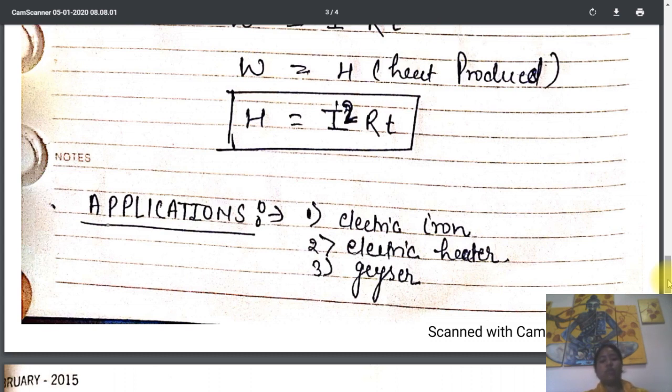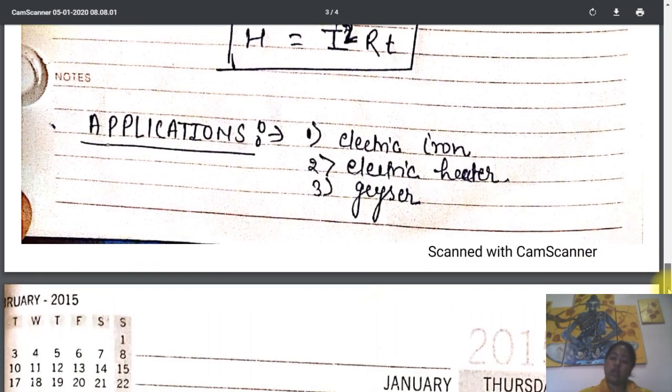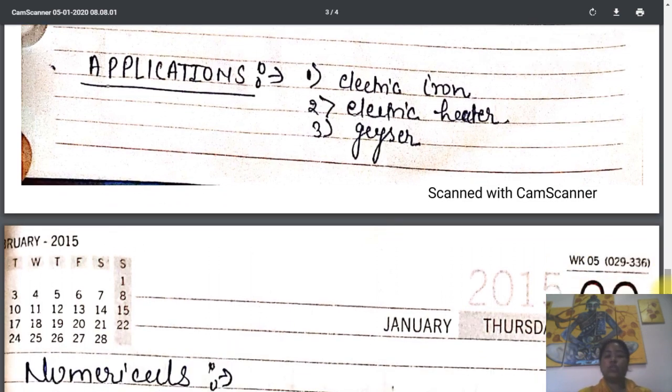Whatever amount of heat is produced by any appliance is calculated by the formula H equals I square RT. This is Joule's law of heating, covered under the topic heating effect of current.